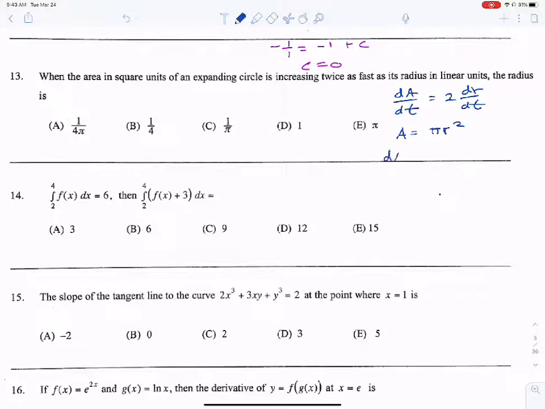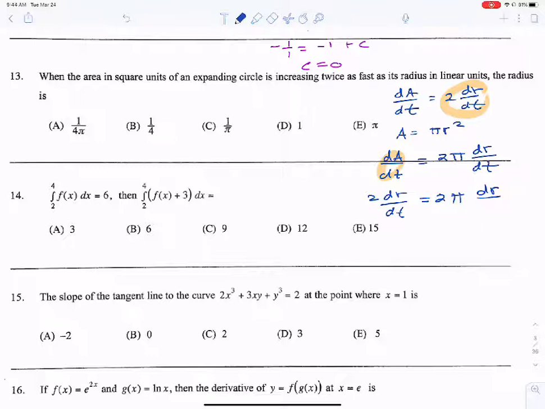So I get dA dt equals 2 pi dr dt. But what do we know? We know that dA dt equals 2 dr dt. So I can replace that right now. So I get 2 dr dt equals 2 pi dr dt.